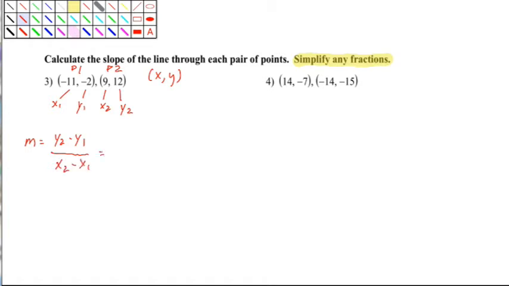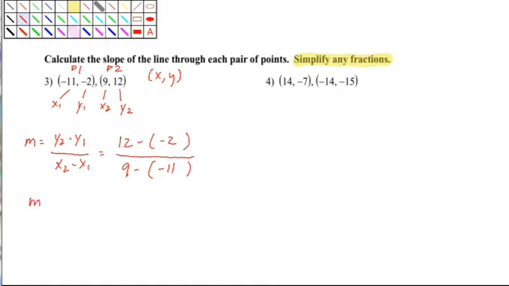And now I'm just going to plug in values. Y2 is 12. Minus, and I drop my parentheses to take care of any potential double negatives. My y1 value is -2. My x2 value is 9, and the parentheses go again, and my x1 value is -11.